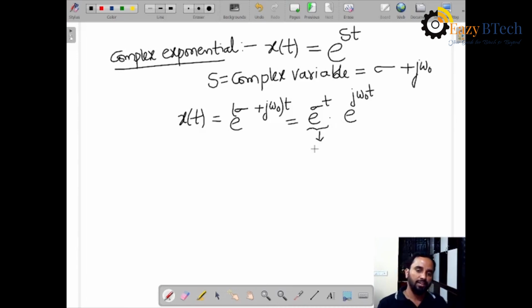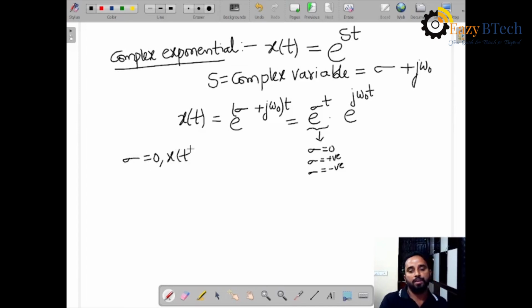Here we can take three cases: sigma is equal to 0, sigma is positive, and sigma is negative. I am going with the same cases here also. Sigma is 0. What happened to x of t?